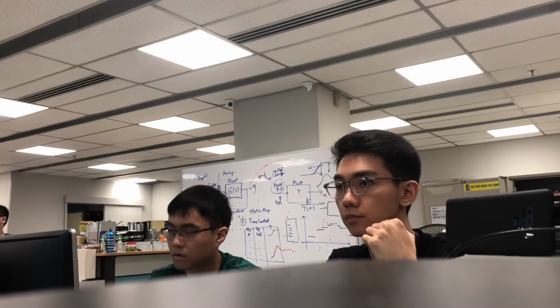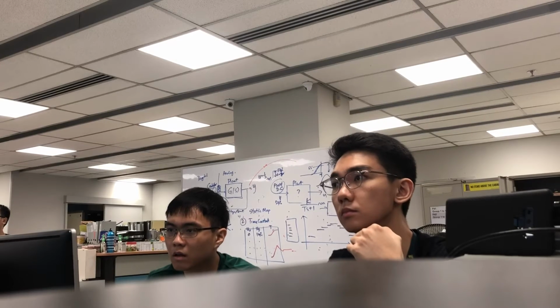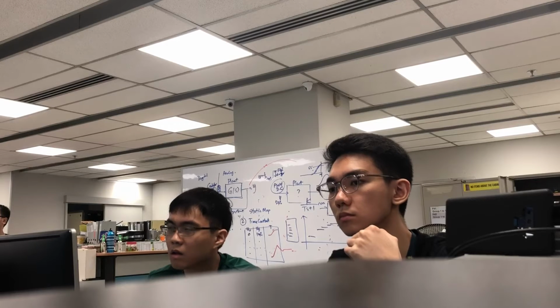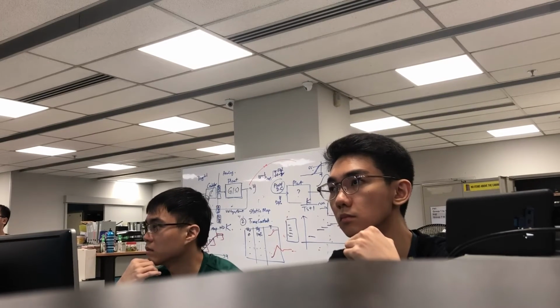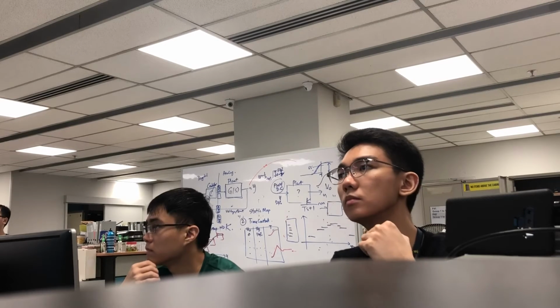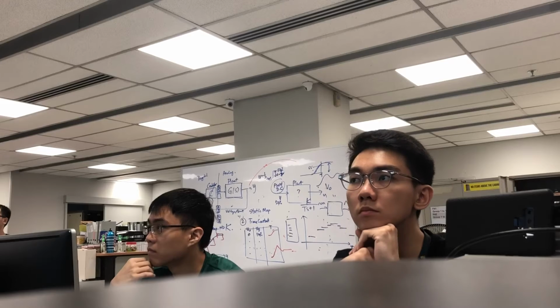And here you might want to find out what is the maximum delay that you can generate. Let's have a discussion. Why is there a maximum delay? Why is it not infinity?